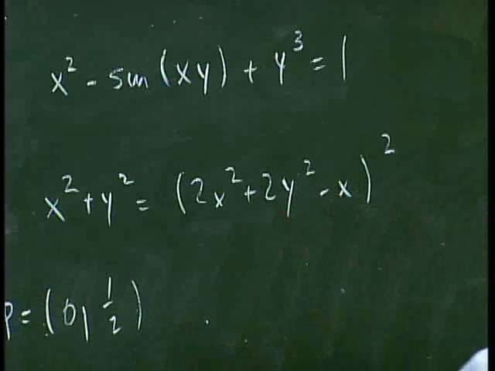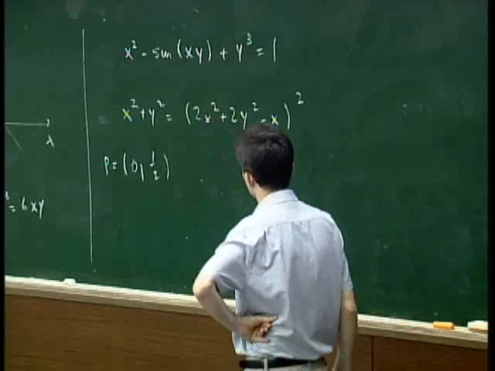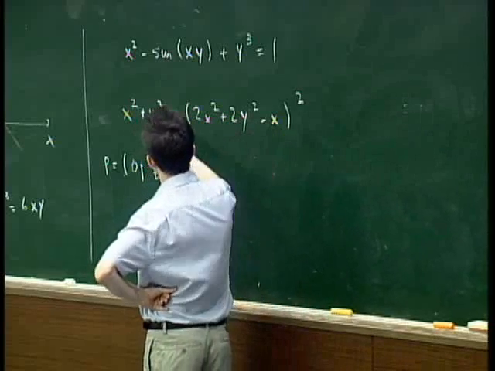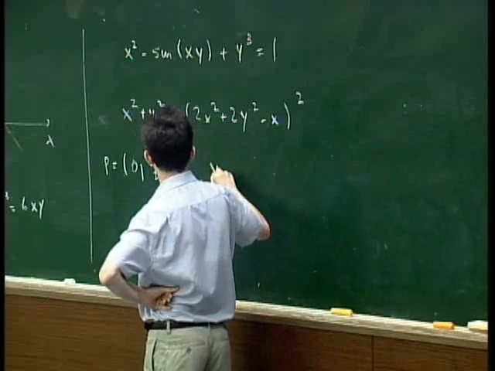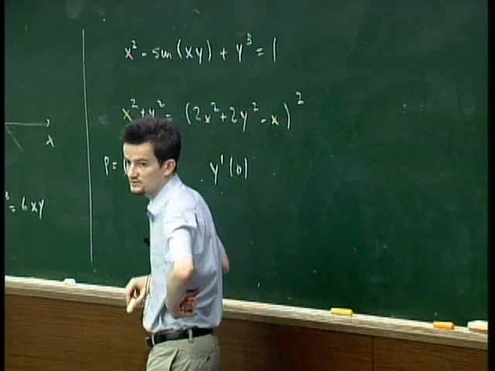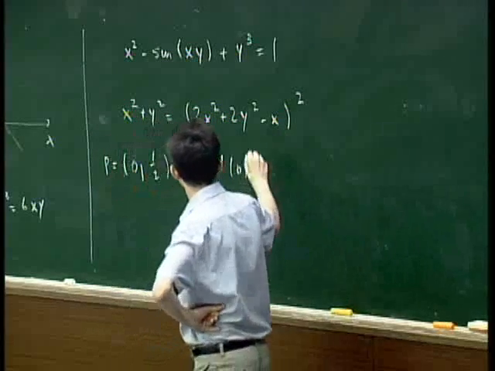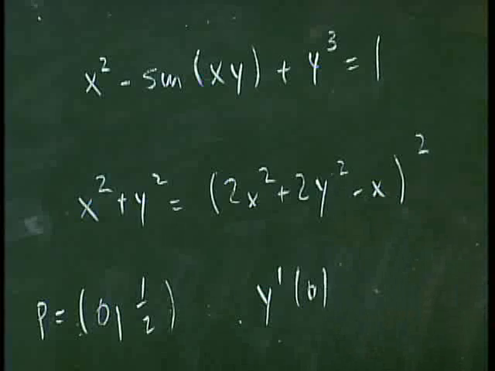So you see that by using implicit differentiation, you could easily find the derivative at 0 and then find the tangent and so on. I'm not going to do this. I just show you how this curve looks. We will encounter this curve quite frequently at the end of this semester, next semester.